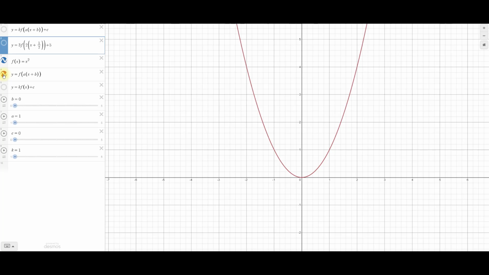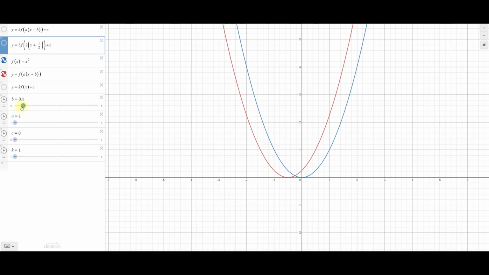You can see they're the same because my b is set to 0, my a is set to 1, so that ends up being f of x. My c and k are irrelevant in this function. What we want to identify is to see if it matters if we do the horizontal translation first, then dilation, or the other way around.